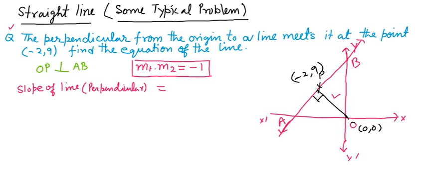The concept is (y2 minus y1) upon (x2 minus x1). By using this concept, this will be equal to (9 minus 0) upon (-2 minus 0), that is -9/2. This is the slope of the line OP.